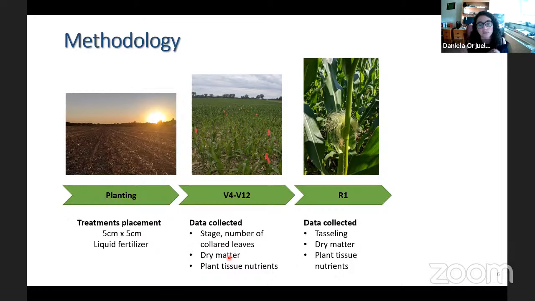If we were not able to use different tanks, we mixed the treatments one by one. So we did first the control, we applied the control, we came back with the tank, and checked how much water we still had in the tank to know how much fertilizer we had.